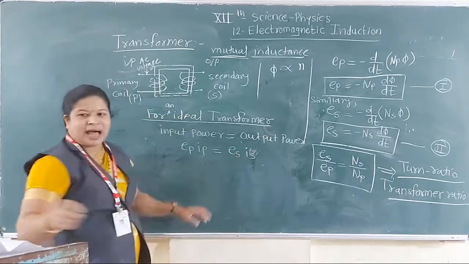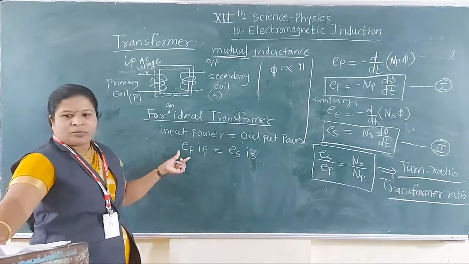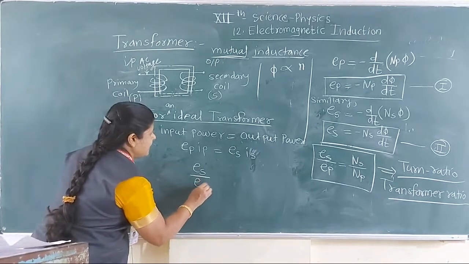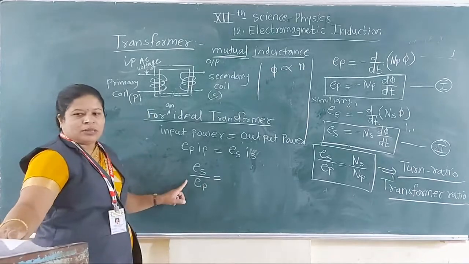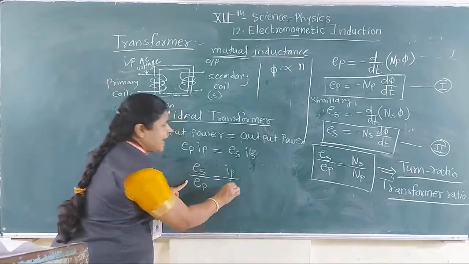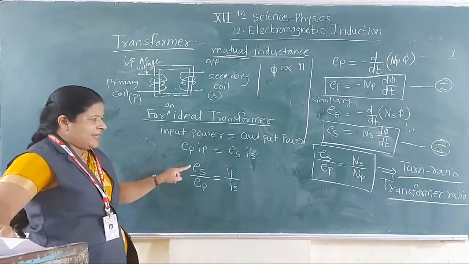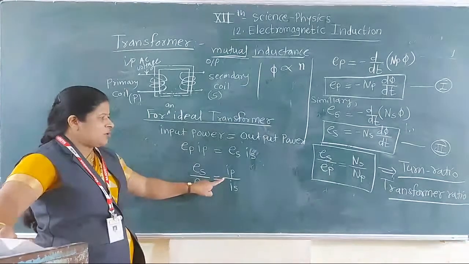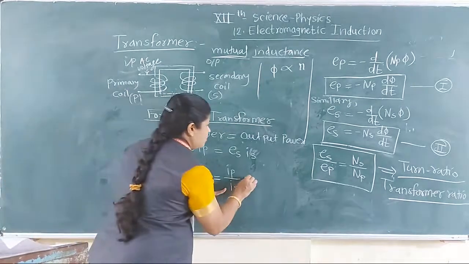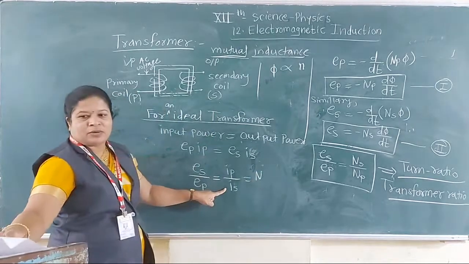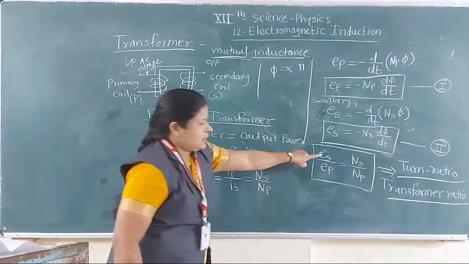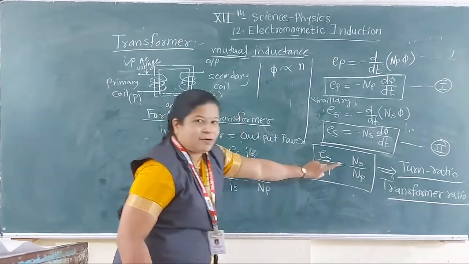So ES divided by EP is equal to IP divided by IS, which is equal to NS divided by NP.